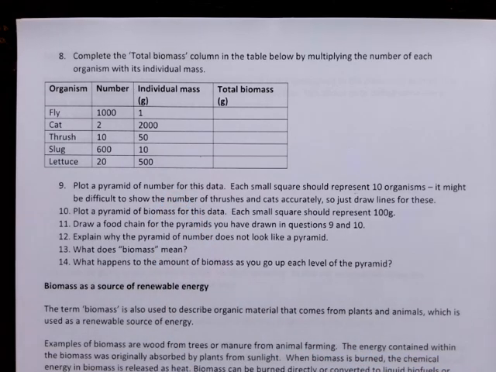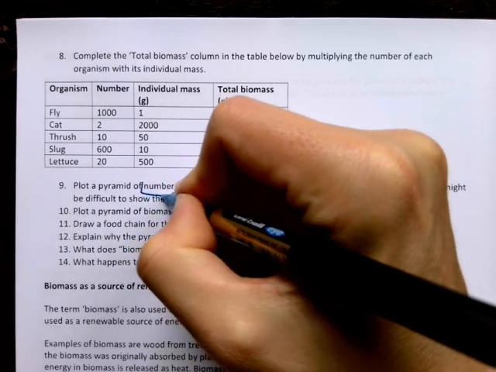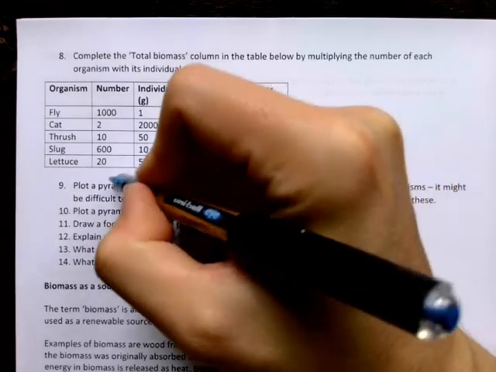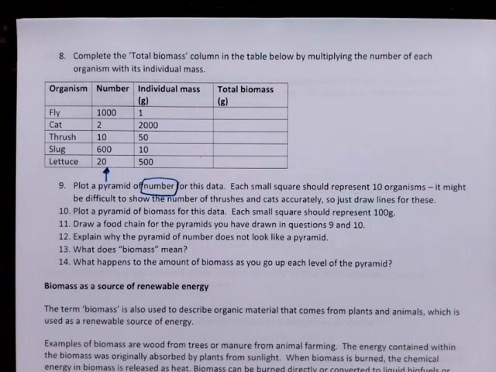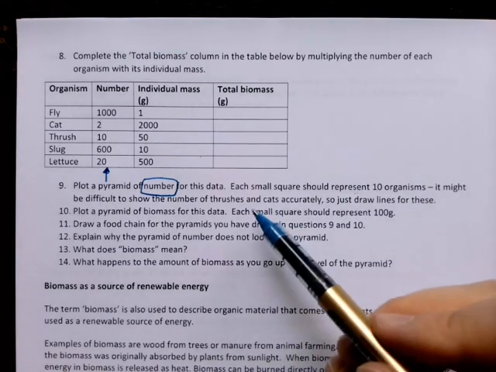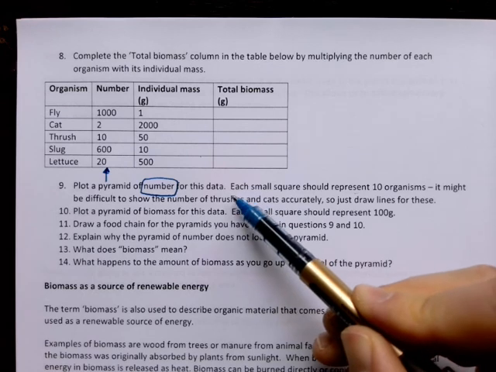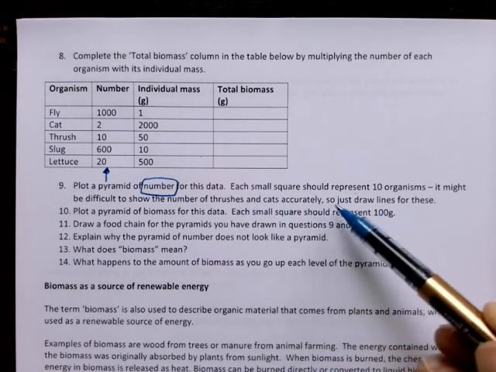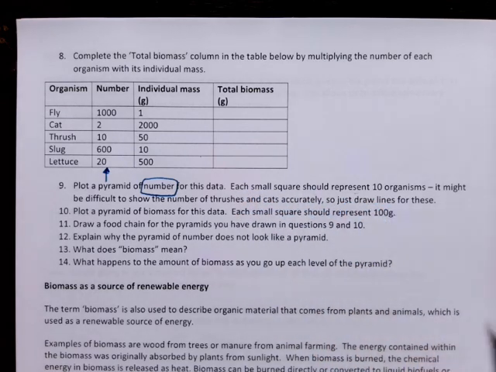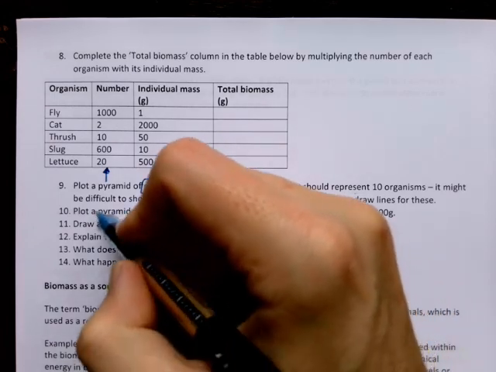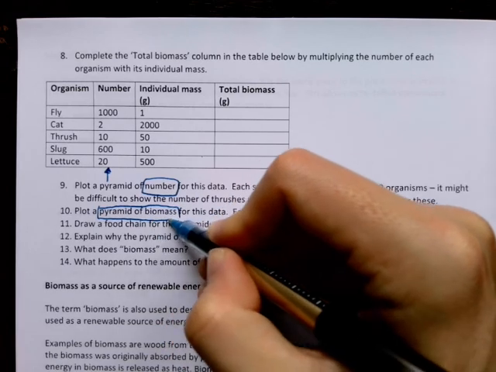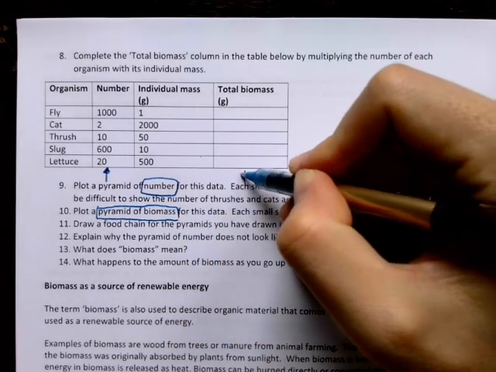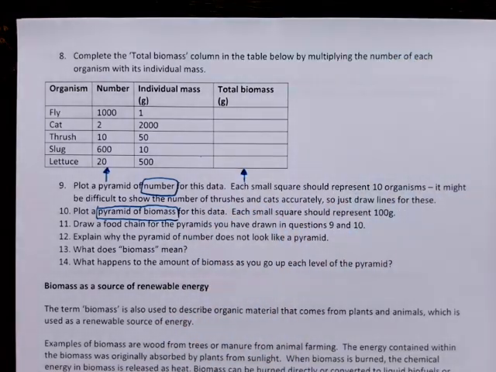Okay, that's going to be using this data here. Again, you don't need to do it on graph paper, so you can ignore this bit here. You can just sketch it out, and then I want you to plot a pyramid of biomass, so like we've just done, and that will be using this data here.